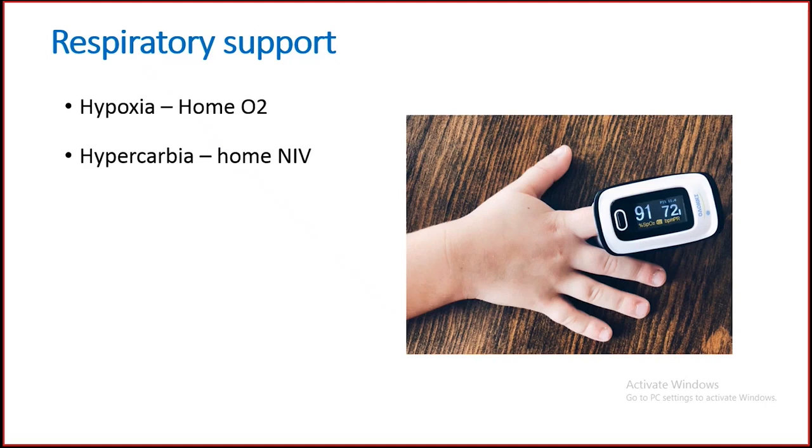But in the later stages of the disease, when significant lung damage has happened, and sometimes the child is lost to follow-up or defaulted follow-up, when the child comes back you might have hypercarbia as well. In that situation, just providing home oxygen might accelerate the damage, or accelerate the dying process. So in such situations, we have to provide NIV, to address both the hypercarbia and the hypoxia.